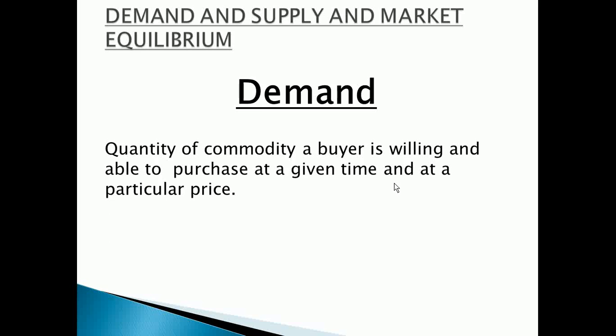There are various determinants of demand. One is the price of the commodity. If a crate of eggs is 100 pula, an individual may buy only one because, considering Botswana prices, 100 pula is quite outrageous for a crate of eggs.